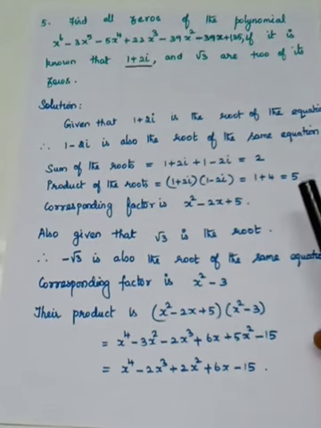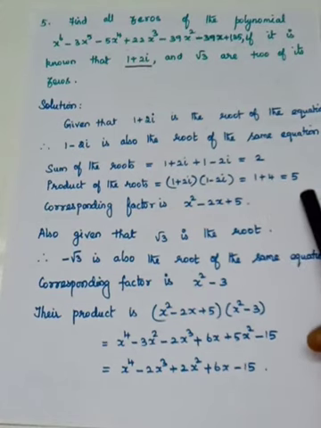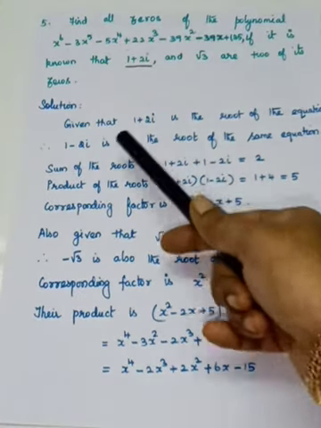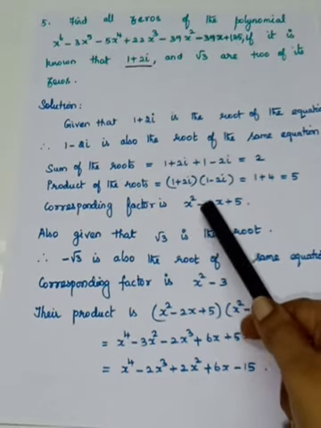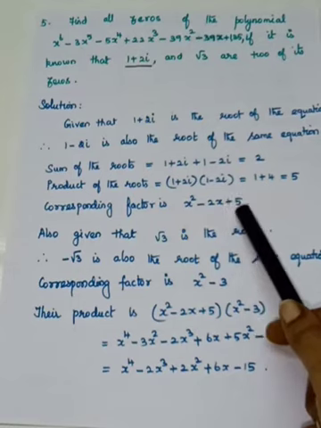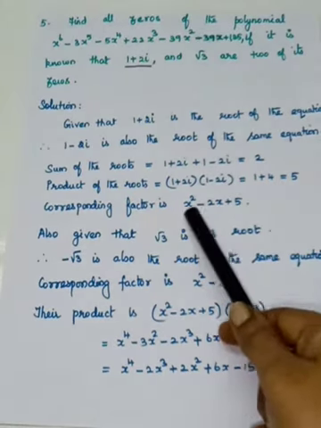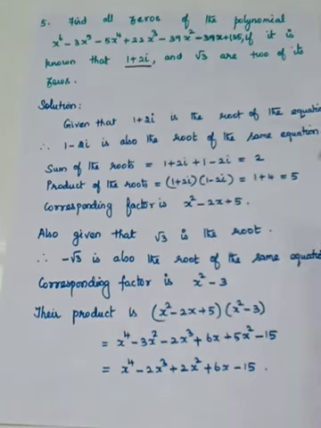The imaginary part is 2. So 2 the whole square is 4. So 1 plus 4 is equal to 5. So for these roots, the corresponding factor is x squared minus sum of the roots, that is 2 into x, plus product of the roots, that is 5. Okay, so we have found the factor, not the equation. We have found the factor for these two roots.